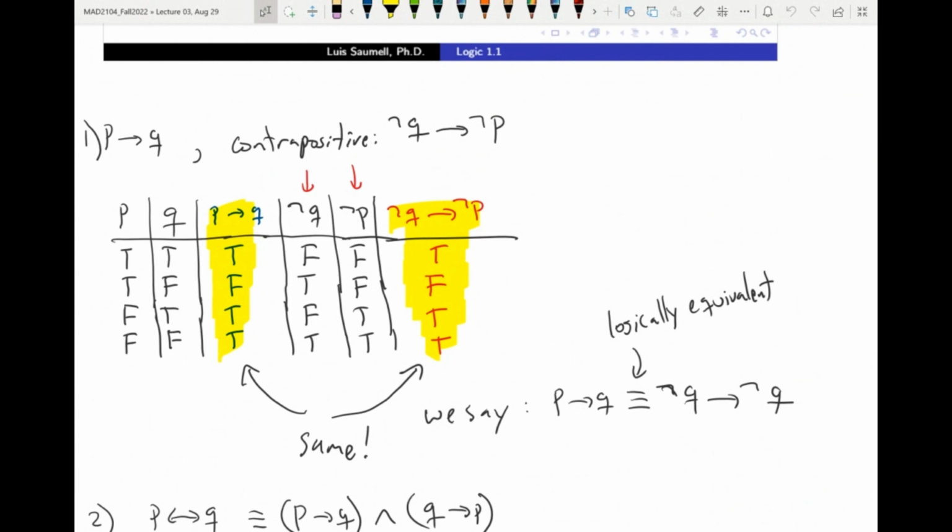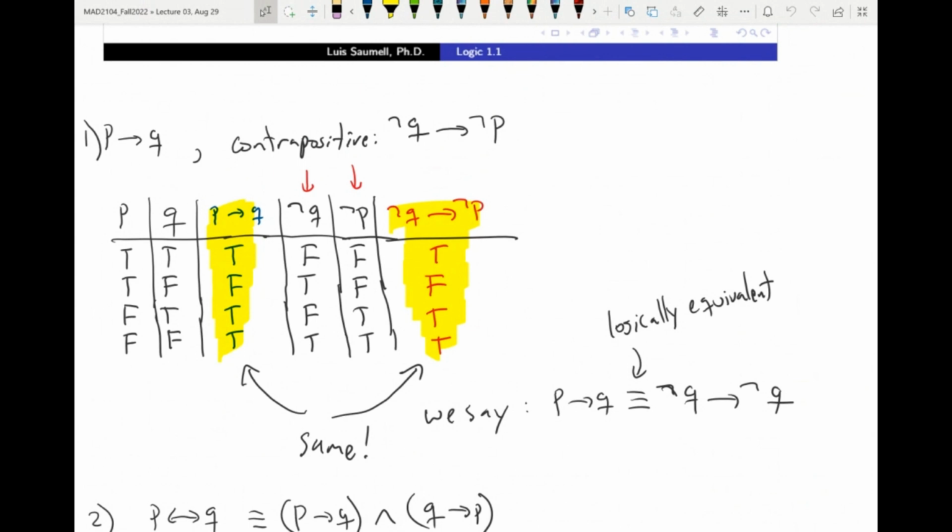So if I add an extra column here with P implies Q if and only if the contrapositive, then I will get true, true, true, true, because the values all match. You understand this? So I will get my tautology. Because of this, we know that these two are logically equivalent. They mean the same thing.